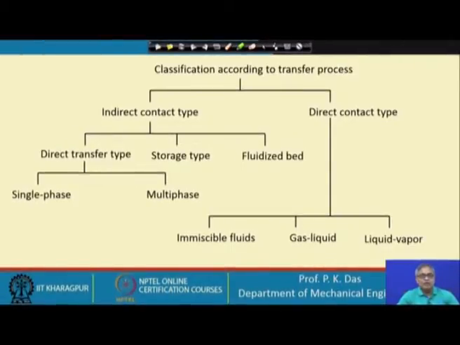Then there could be gas liquid. As you can understand, with gas and liquid there is no question of mixing together. So, gas cooling can be done by spraying water, which I have given as one example, and then liquid vapor. If we use the same vapor of the liquid, then if there is mixing, there is not much problem.